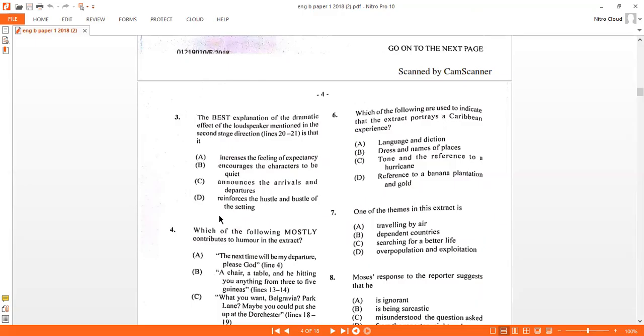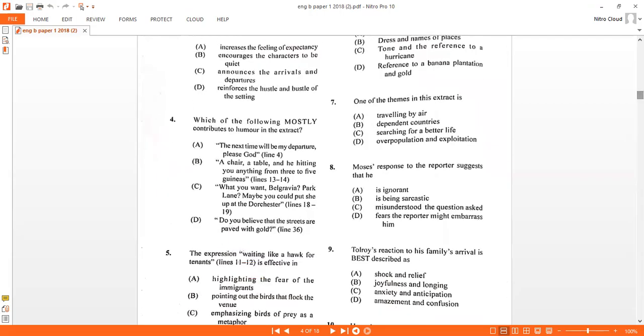So the stage direction, which says the loudspeaker announces the arrival of the boat train, reinforces what really happens at a train station, and again reinforces the setting where they are. So that would be the best explanation for the dramatic effect, to have us pay attention to the train that is coming. So the answer for number 3 would be D.